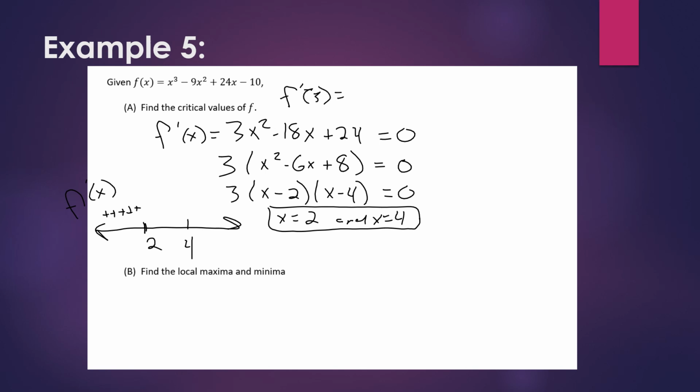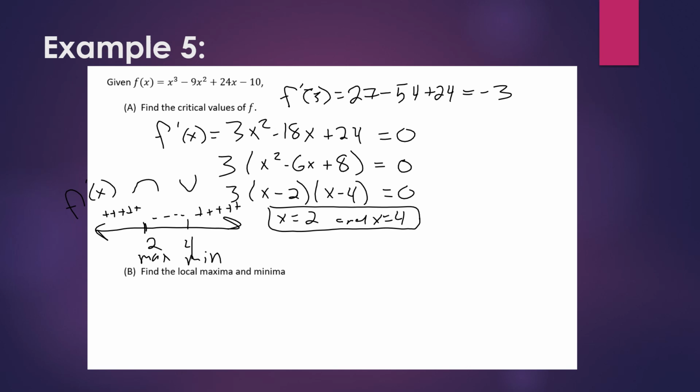I'm going to get 27 minus, I believe, 54 plus 24, which is negative 3, so it's negative. And then something bigger than 4, it's going to be positive. So I know increasing, decreasing, this has got to be a max. Decreasing, increasing, going to be a min.